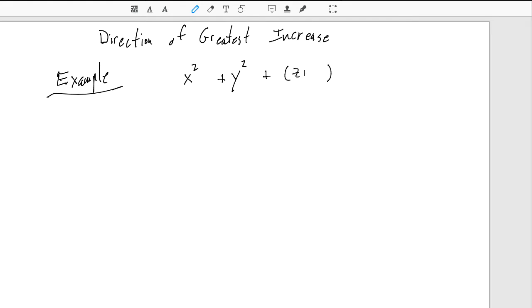So let's see, I put z minus 2, so that should kick it up vertically 2 units. And for argument's sake, to make sure we actually have a function here, let's just consider the upper half only.